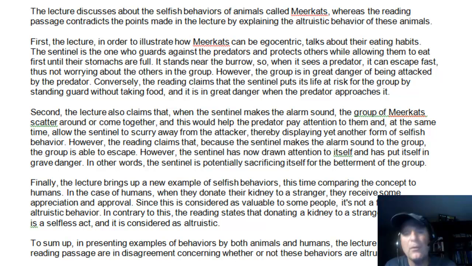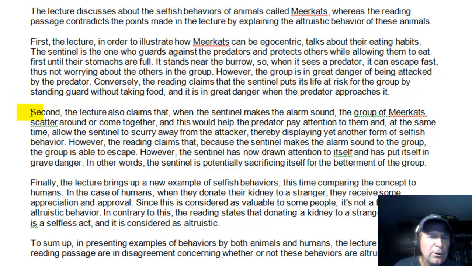So put its life at risk means it is at risk of potentially being killed by the predator, but not necessarily. Now, if I said it sacrifices its life, that means it does automatically get killed. So maybe that wasn't the best meaning. So the reading passage claims that the sentinel puts its life at risk for the group by standing guard without taking food, and it is in great danger when the predator approaches it.